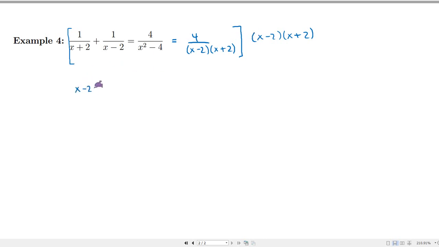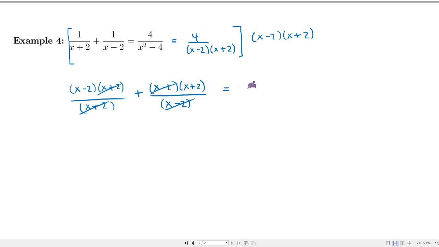But let's see that. X minus 2, x plus 2 divided by x plus 2. So yes, those reduce. And then plus 1 times this is x minus 2, x plus 2, divided by x minus 2, reduces the x minus 2. And then the 4 times this just gives us the 4, right?